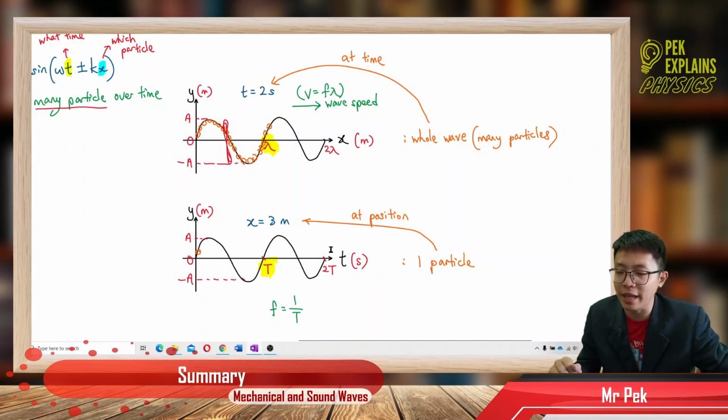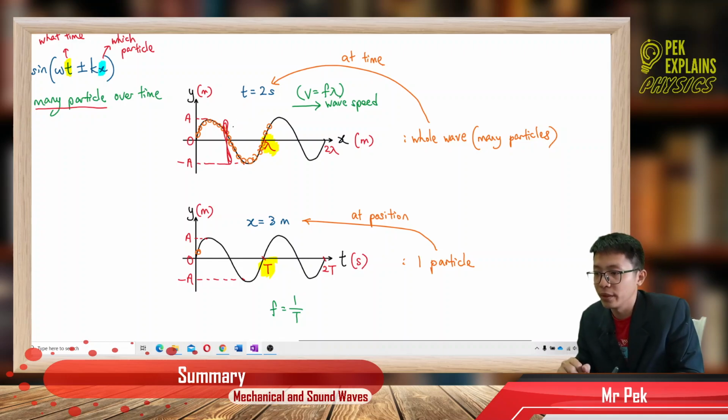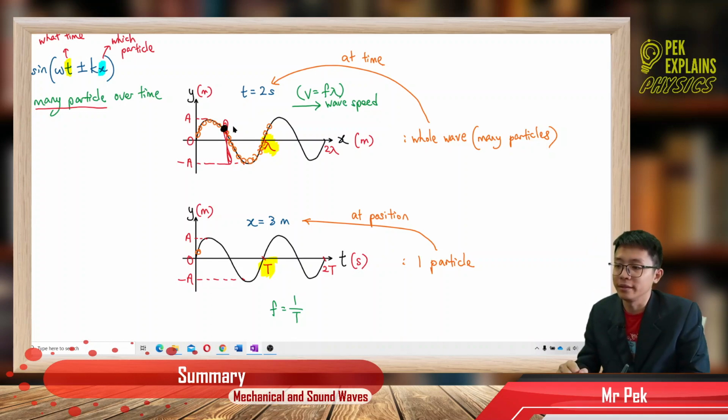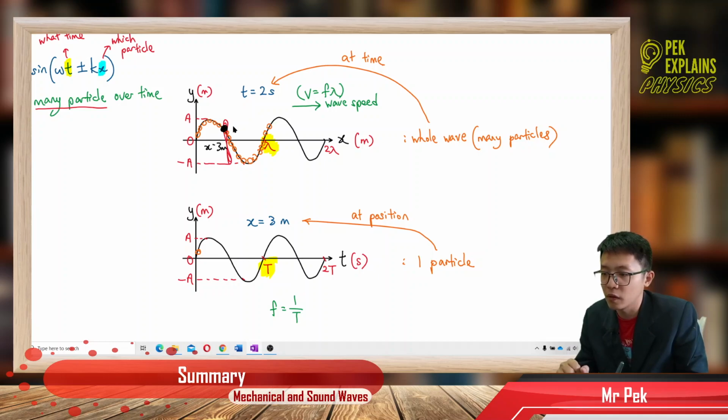The displacement-time graph shows the oscillation of only one particle at a certain position. Maybe I'm taking x equal to 3 meters. That means I'm referring to this particle, which is x equal to 3 meters away.